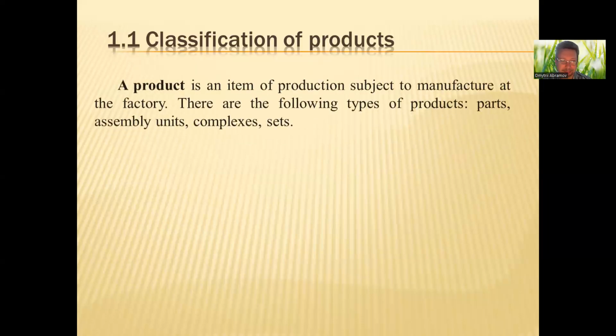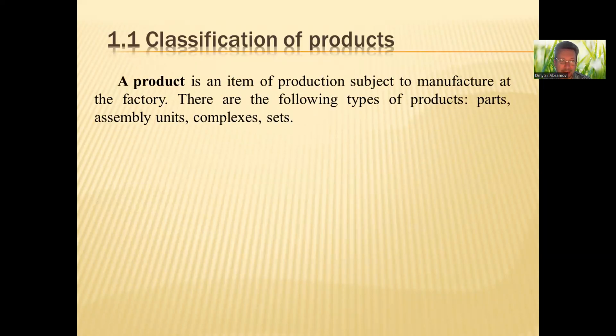And we continue, and we start item 1.1, classification of products. So, a product is an item of production subject to manufacture at the factory.